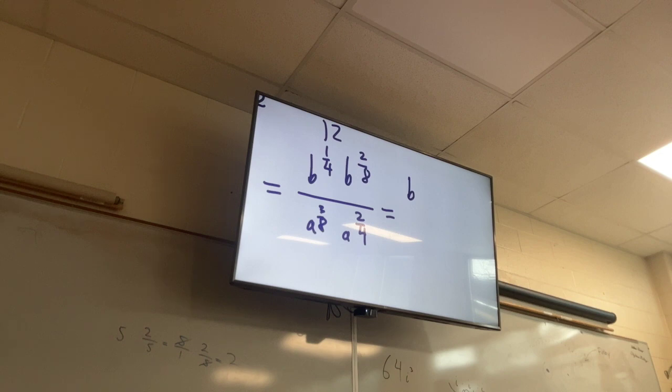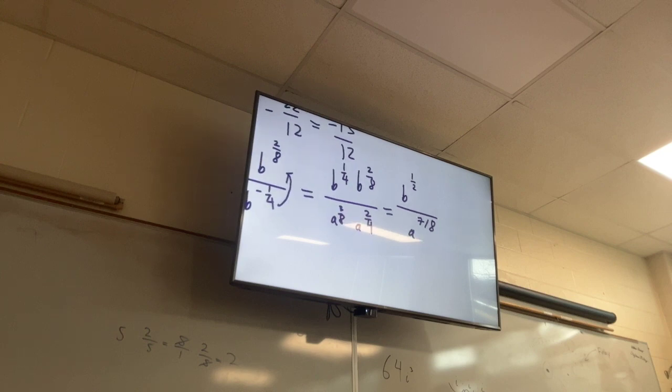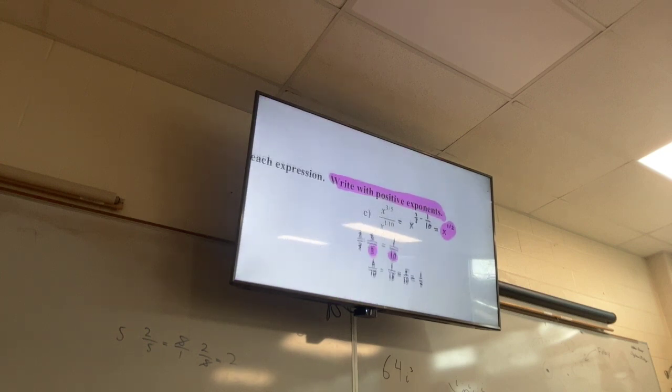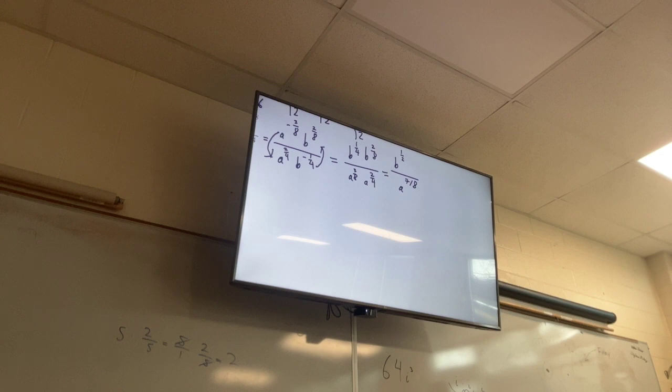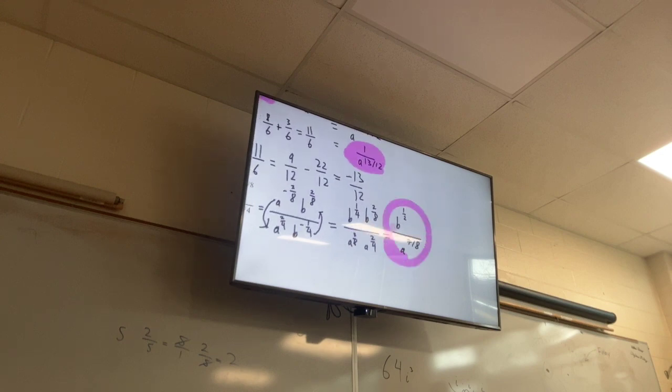B to the 1/2. If you do 1/4 plus 2/8, you get 1/2. And then in the bottom, you get a to the 7/8, right? That's what I got. That satisfies my instructions.